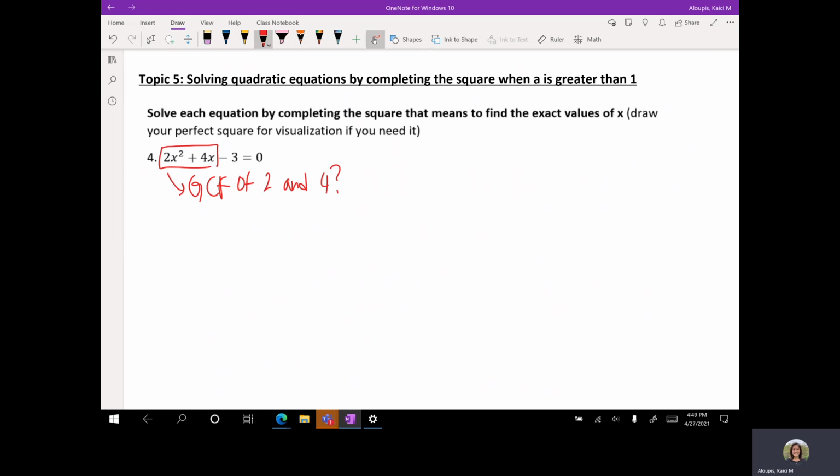What are the numbers that multiply together to produce 2 and 4? The factors of 2 are 2 times 1. The factors of 4 are 2 times 2 and 4 times 1. So the greatest common factor of 2 and 4 is 2. So I'm going to divide out that by 2. Let me show you.